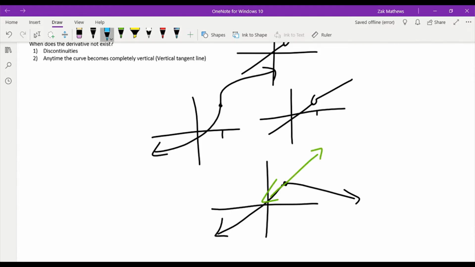But if I were to look at the tangent line on the right-hand side, it would be this blue line here. Those are very much at odds, and so for that reason, we don't have a slope there, because there's two different slopes coming in. We can't look at the limit coming from both left and right and get to that consistent slope. So what this is called, it is a corner. And so we can add that to our list. Another type of point that doesn't have a derivative is a corner.